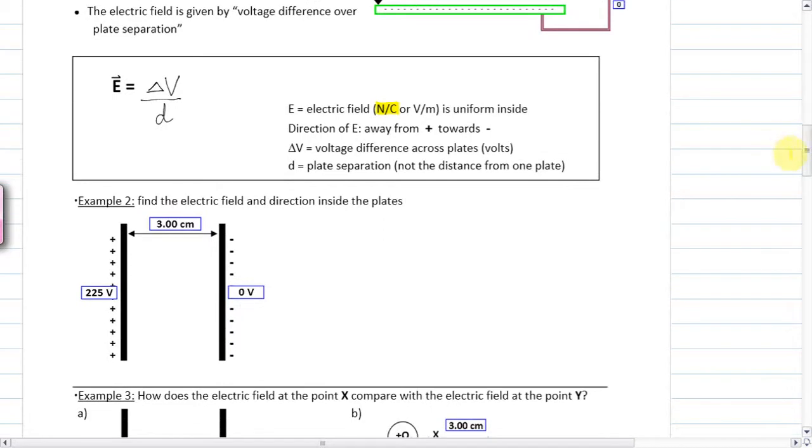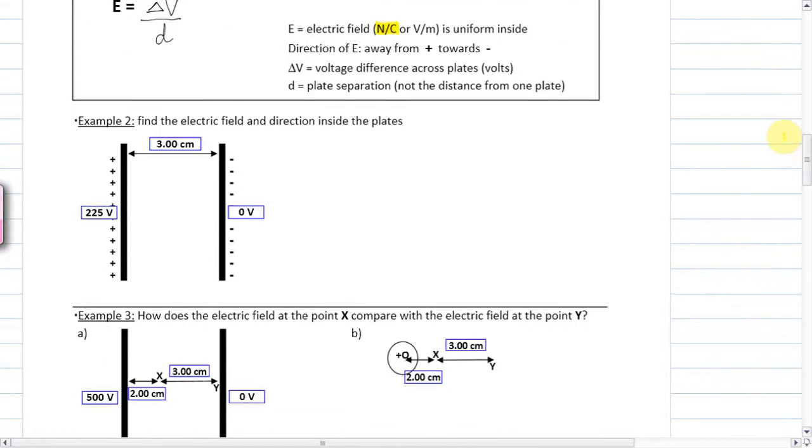So, let's try example number 2 here. Find the electric field and the direction inside these plates. Okay, so the E field is now given by volts per meter. And it's not just the voltage, it's the change in voltage. This one has 225 volts on one positive plate and 0 volts on another. So the change in voltage is 225 volts, all over the separation distance of 0.03 meters.